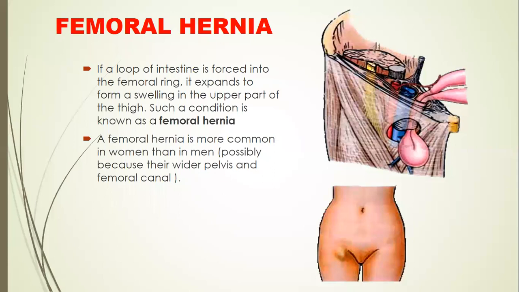Through this opening, through this hiatus, the femoral vessel passes to become the popliteal vessels. This opening is called the adductor hiatus. Yeah, adductor opening. Adductor hiatus. This is the official name of this opening.